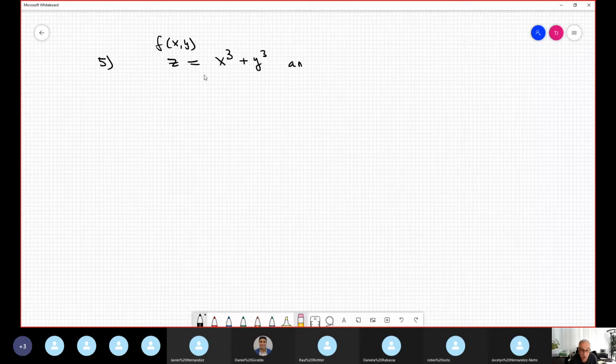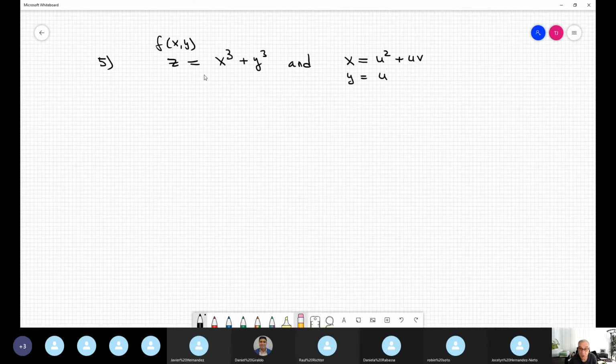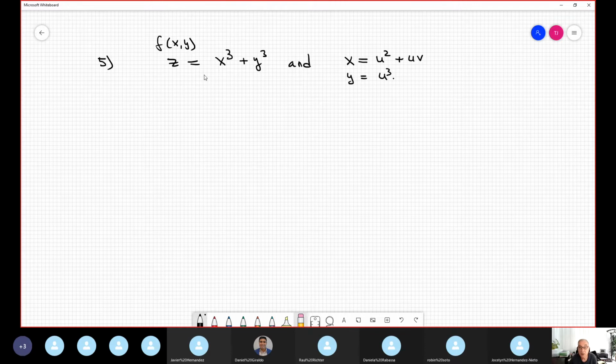And we have another relationship between other variables. x is equal to u squared plus uv, and y is connected by u cubed times v.